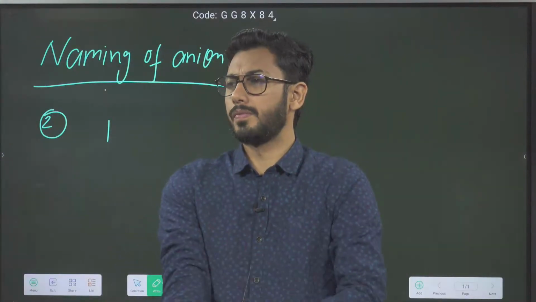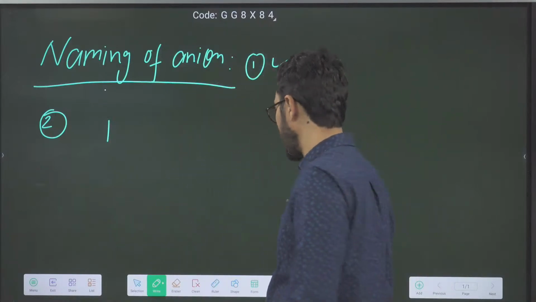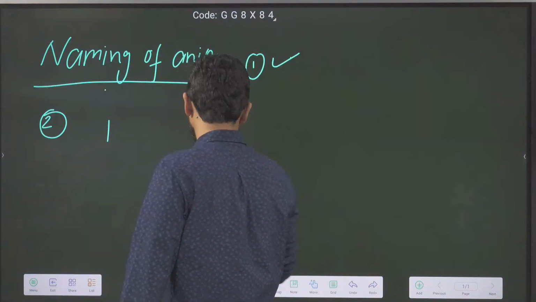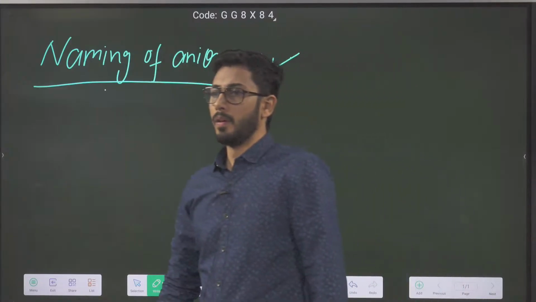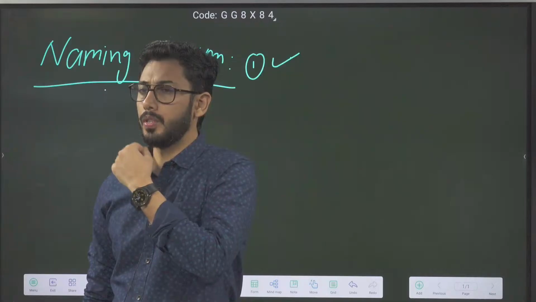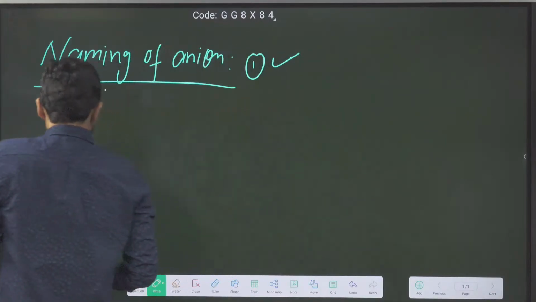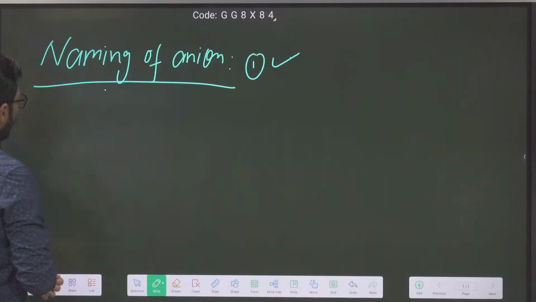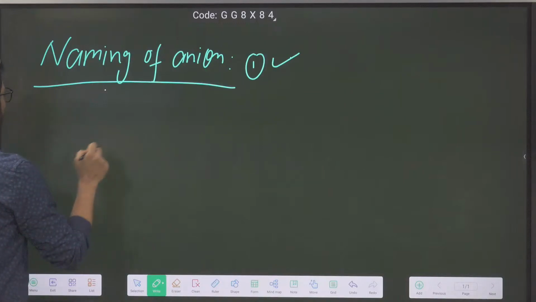HClO2 also discussed. Dikshit written HNO2, H2SO4, H3PO3, HClO2. ठीक है, got it. ठीक है, then more examples. Now, we have discussed ate ending with this one.